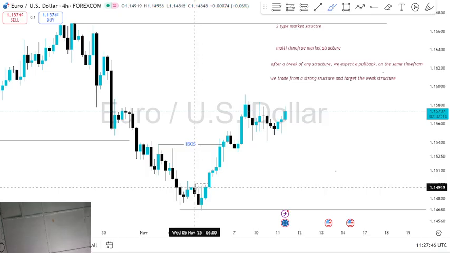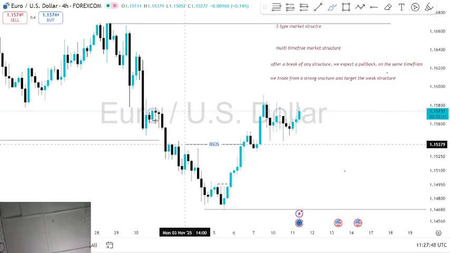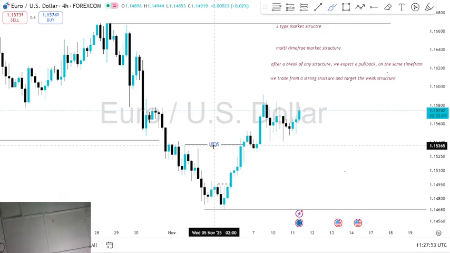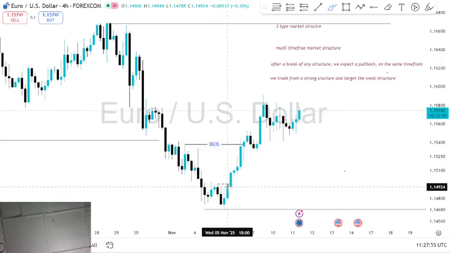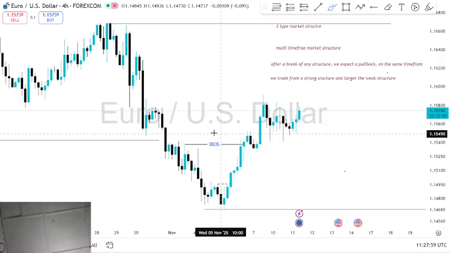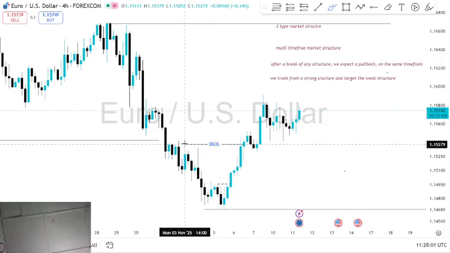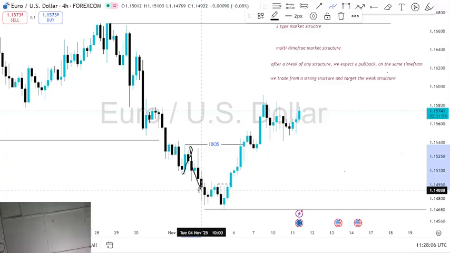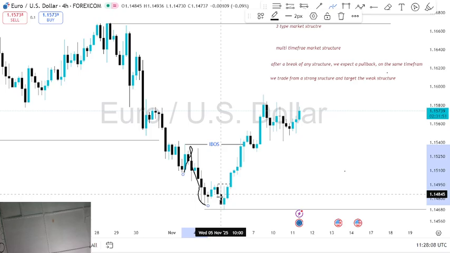The reason we don't want the internal high, the eyeballs, to break, and we don't want the chalk to break, is because when we look at here, you can see here is the last high that caused that strong impulsive move to the downside.